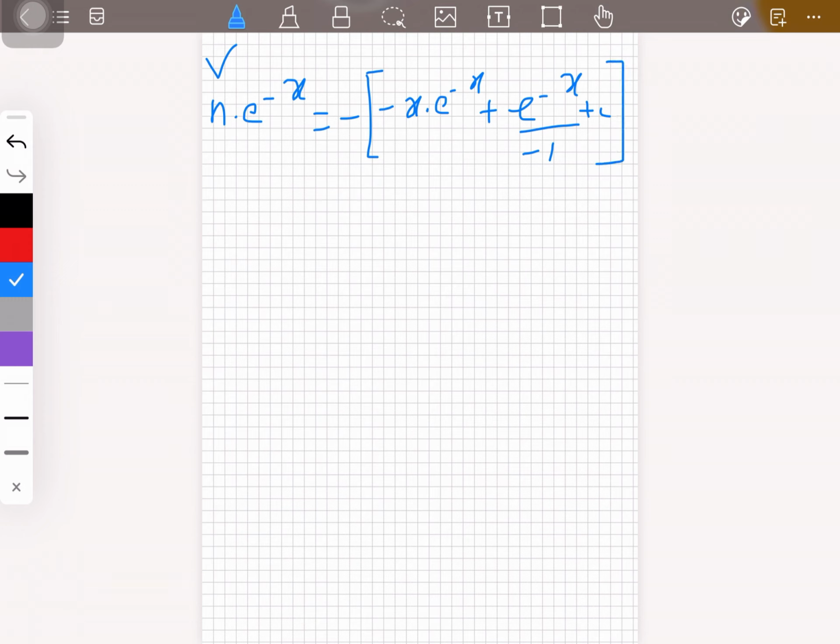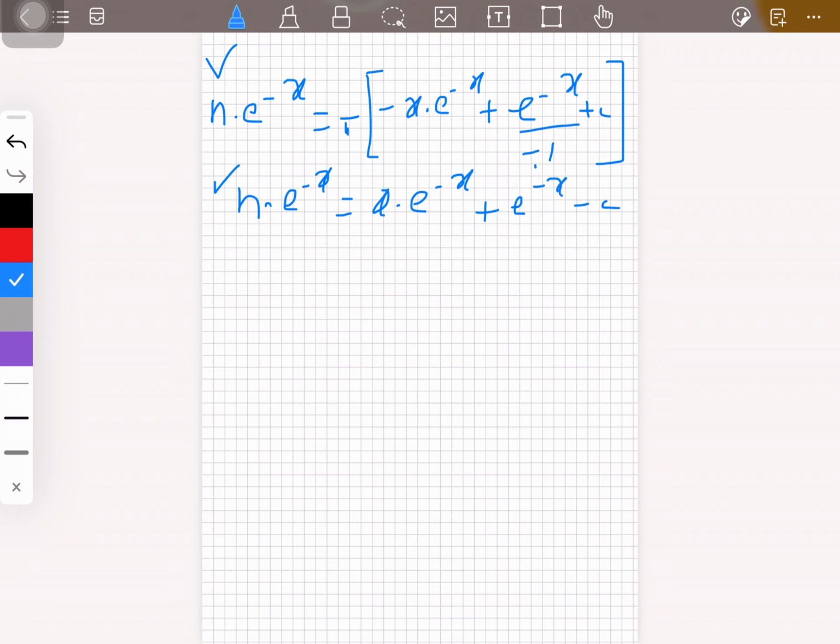Or what you can do is take the c outside as well, as it's just a number. So let's do that. n times e to the power minus x is equal to x times, the minus multiplies inside the bracket, so minus times minus would be plus, so plus e to the power minus x minus c.